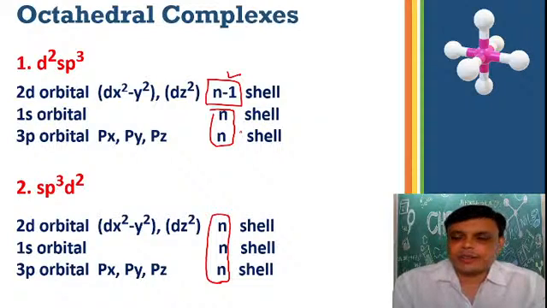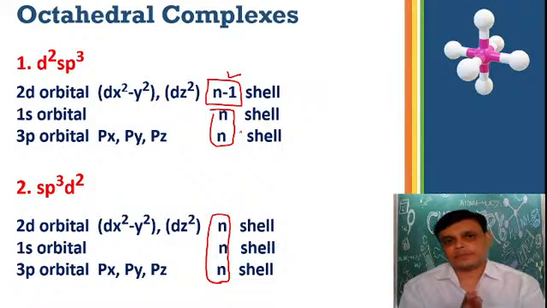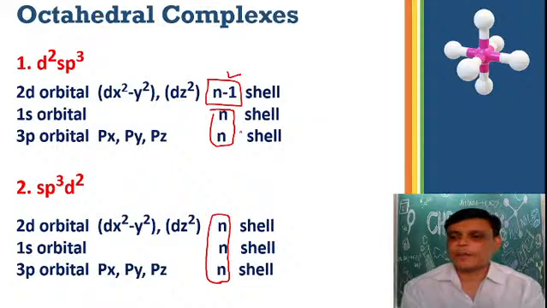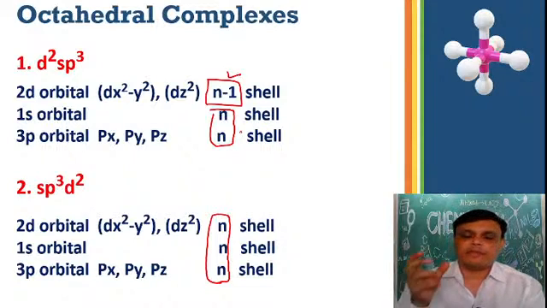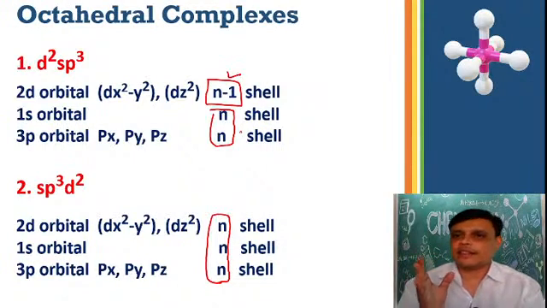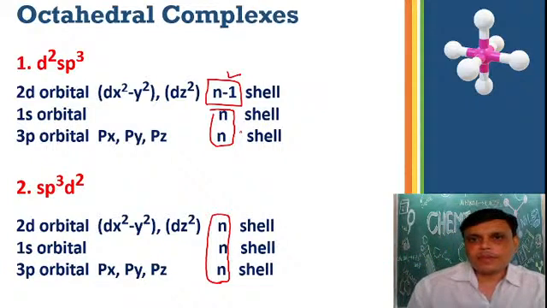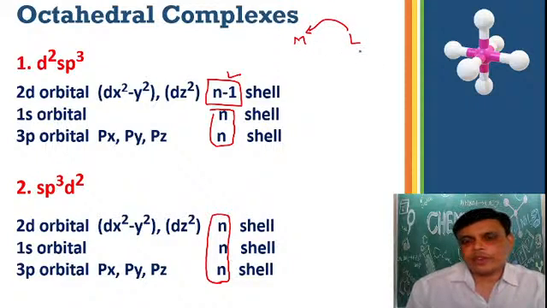Okay, now I will tell you. Now listen carefully. So what happens? First thing, what happens? First the ligand donates electrons to the metal. The first thing is that whatever lone pair the ligand has, the ligand donates a pair of electrons to the metal, because the ligand is acting as a Lewis base and the metal is acting as a Lewis acid.